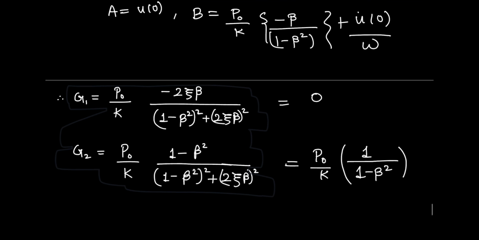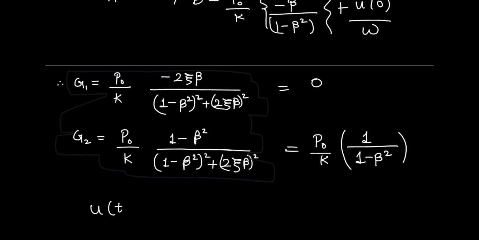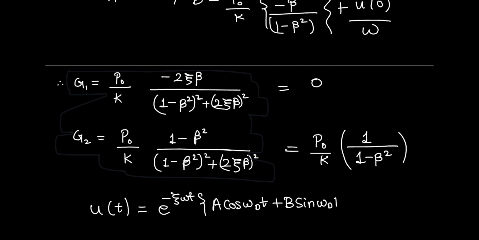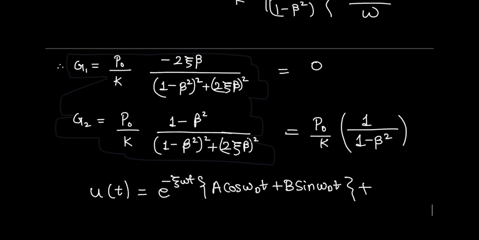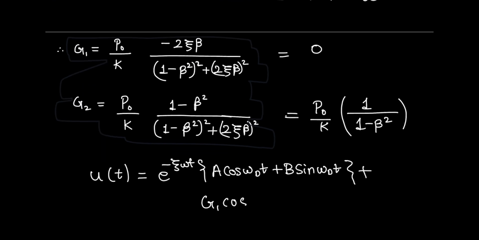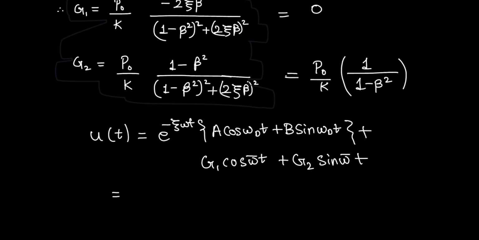If we substitute all these values in our generalized equation, that is u of t is equal to e raised to minus zeta omega t (a cos omega d t plus b sin omega d t) plus g1 cos omega bar t plus g2 sin omega bar t, we get e raised to minus 0, which is equal to 1, so we'll have 1 in its place.